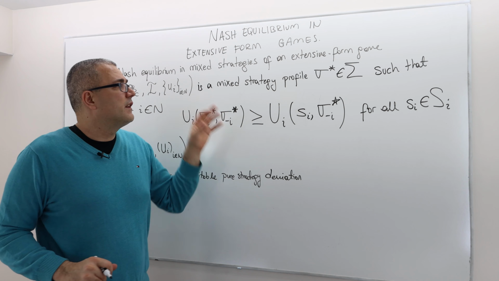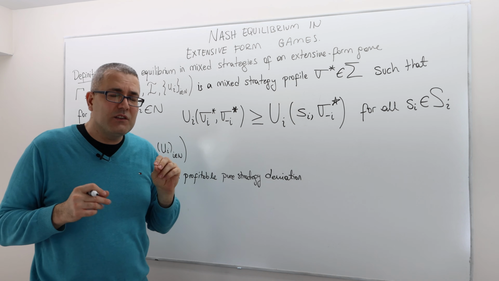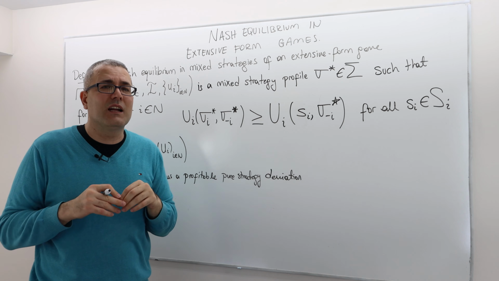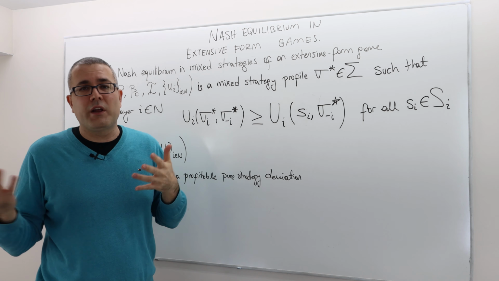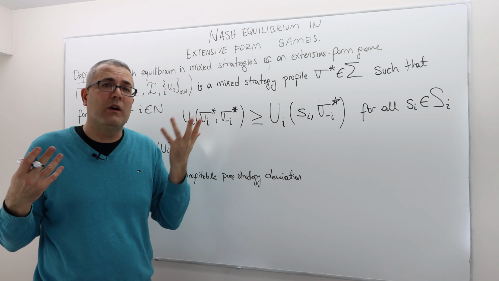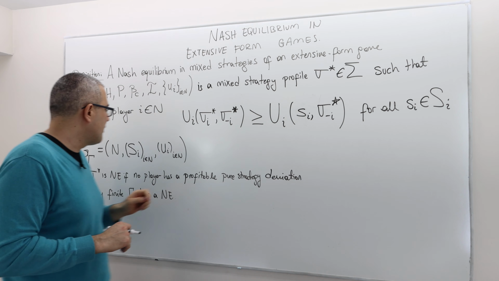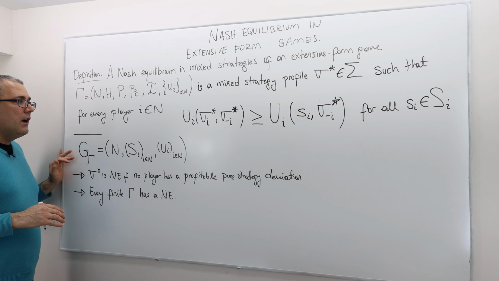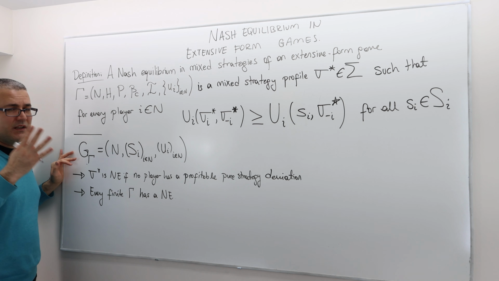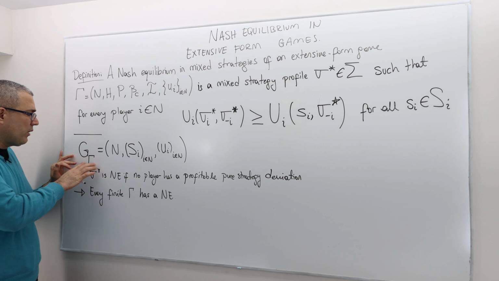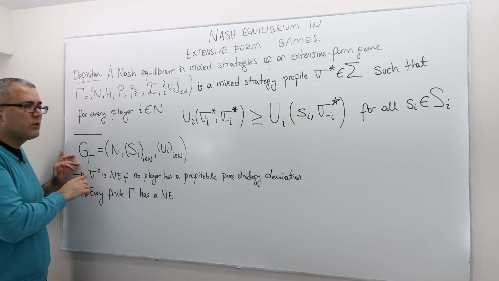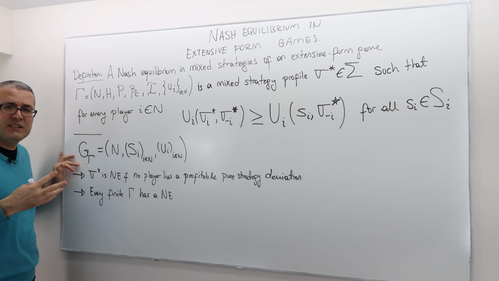Well, don't forget, this is an extensive form game and strategies are complicated animals. It's not like the prisoner's dilemma, cooperate or defect, two actions and so two strategies. So strategies are more complicated. Remember, whether this game is an extensive form game or not, we can always write what's called the strategic form or normal form representation of an extensive form game.